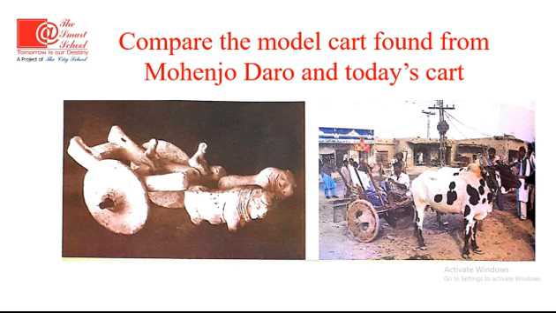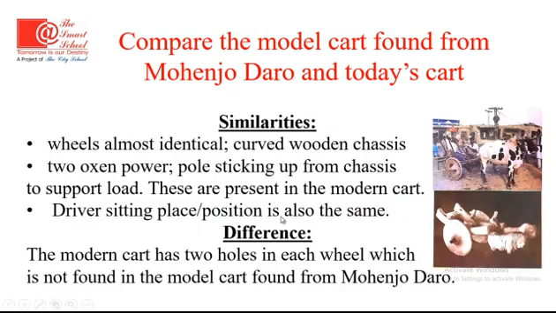Now let's see what are the similarities and differences between these two carts. The similarities are wheels almost identical, curved wooden chassis, 2 oxen power, poles sticking up from chassis to support load. These are present in the modern cart. The driver sitting place or position is also the same.